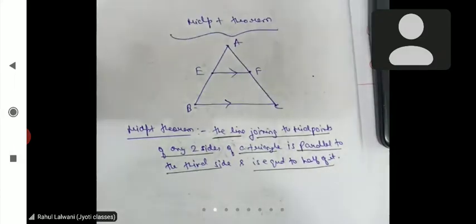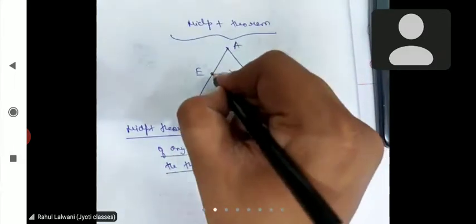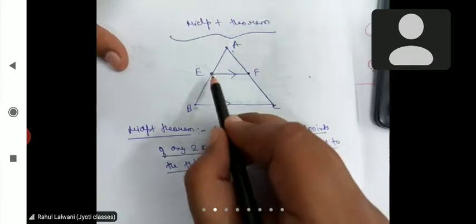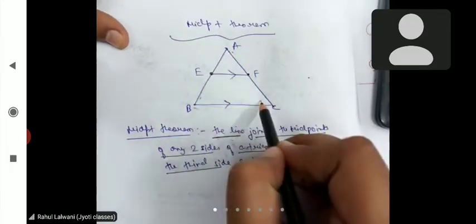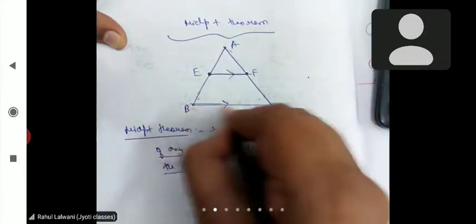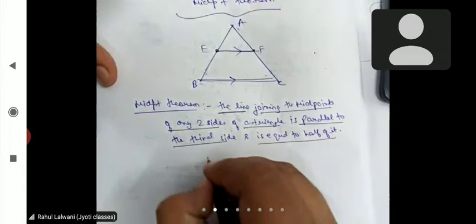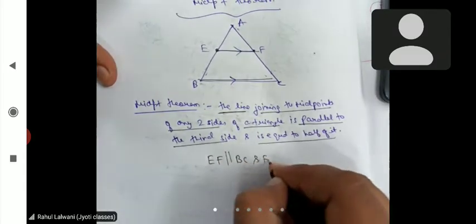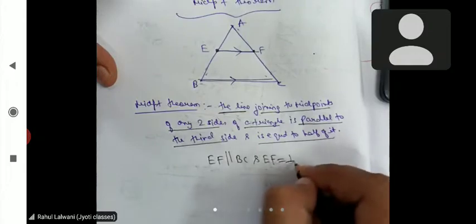For example, if E is the midpoint of AB and F is the midpoint of AC, the line joining these two midpoints is parallel to the third side. That means EF is parallel to BC and EF is equal to half of BC.